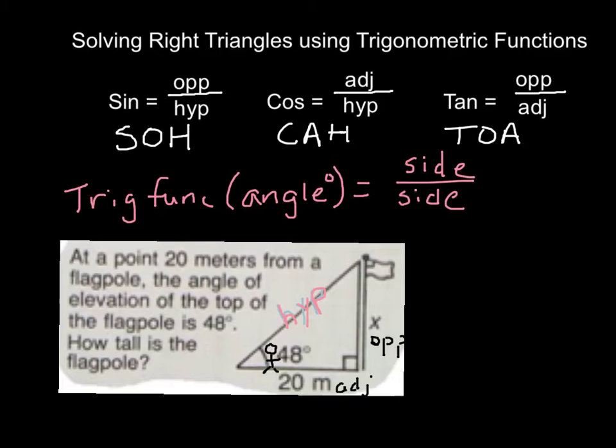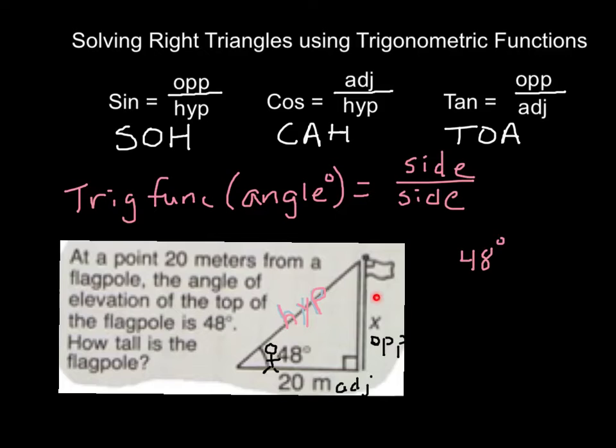So if I'm solving this problem below here, the first thing I do is find the angle that I'm starting from. So what's the measurement of the angle I'm starting from? 48 degrees. So I go 48 degrees. Now, we already figured this out, but since we are standing at that angle, which side do we want to find?